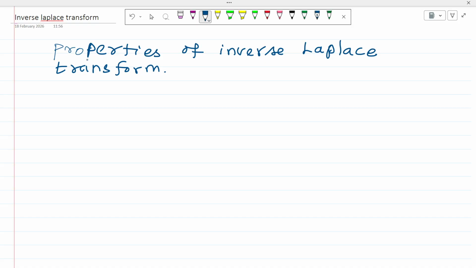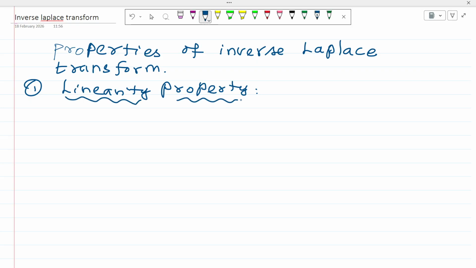Already we have discussed many properties in Laplace transform. First property, linearity property. If you are able to write with me, otherwise I will send the notes also.